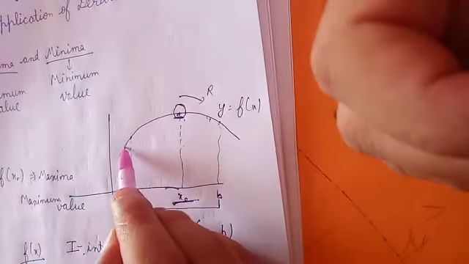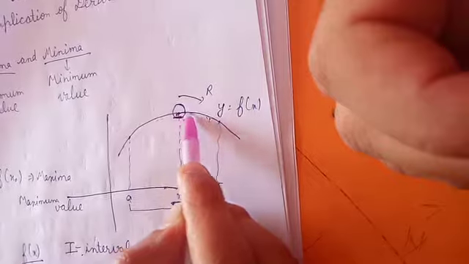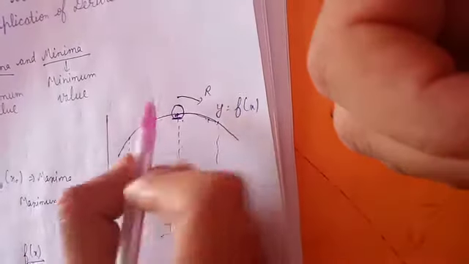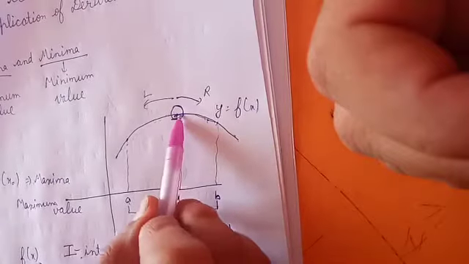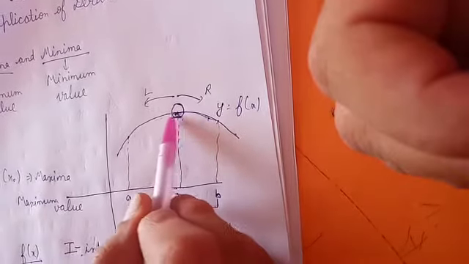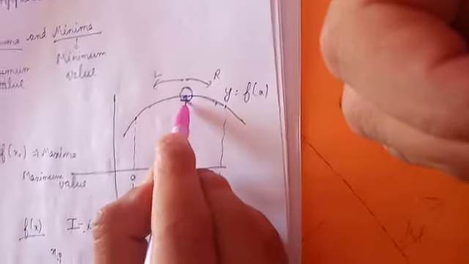We start from here, it is increasing till here, then it is decreasing. And if we look at the left side, starting from here till this point, it increases, then it decreases again, meaning this point is our maximum.